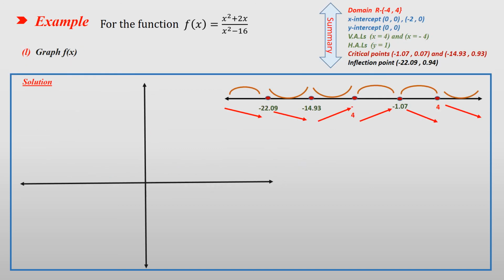Now we want to graph this function. So this is the summary of our work from the previous parts: the domain, x-intercept, y-intercept, vertical asymptote lines, critical points, inflection points, increasing and decreasing. Firstly you have to plot the points. The first point is 0, 0.